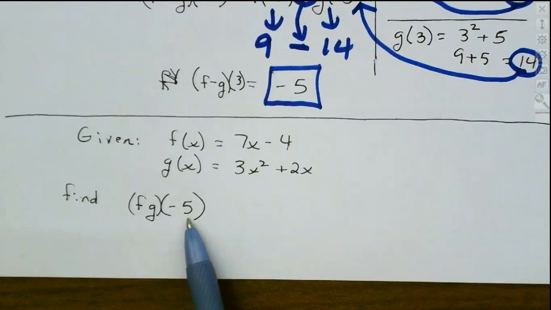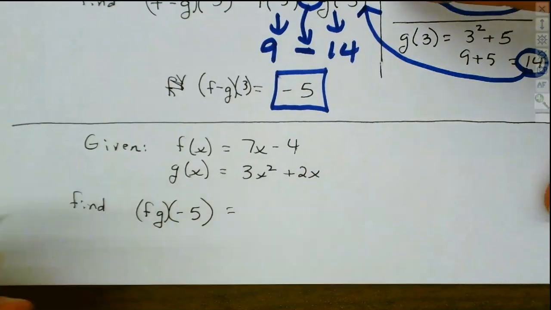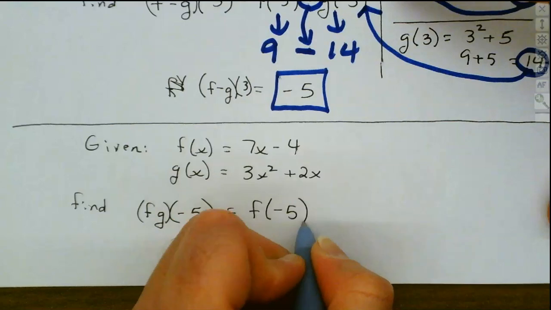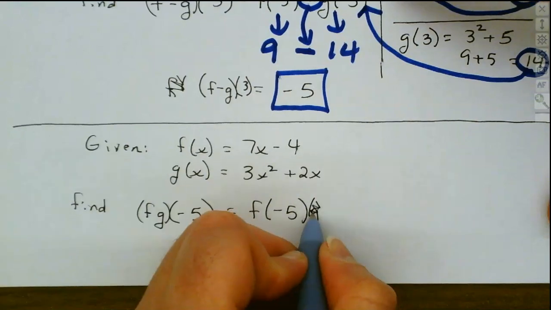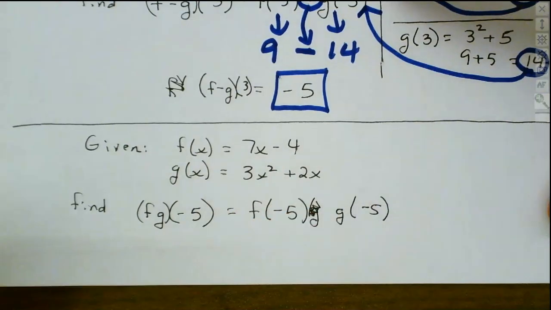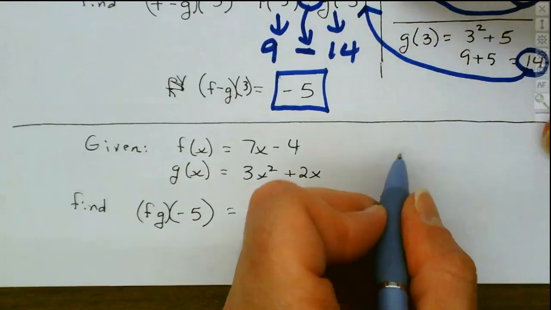This one, though, has a number inside the parentheses, so I'm going to get a number out. Now I'm going to rewrite this multiplication as f of negative 5 times g of negative 5. So we're going to multiply these together.